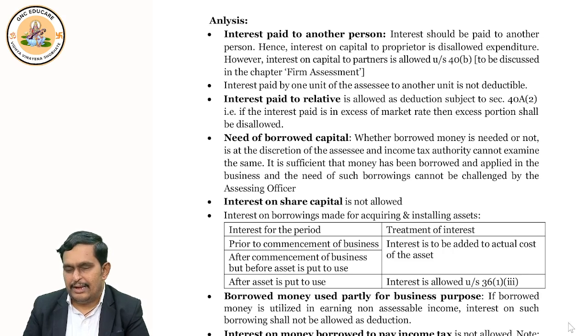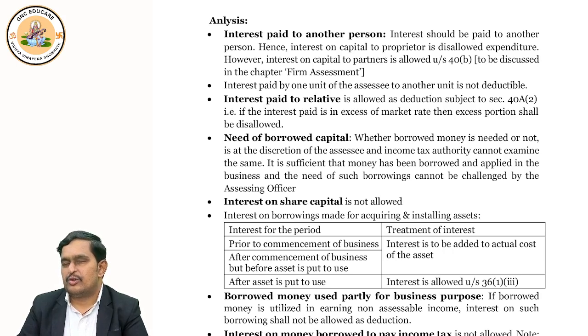Now, let's come to the relatives concept. Suppose you have started a small business. Now you went to your relatives and asked for some loan. You said, I want a loan, please give me a loan so that I can develop the business. Relatives said, okay, we'll give the loan. They gave the loan, you took the loan, you started doing business, and you also paid interest to the relatives. Can you claim this interest as deduction?